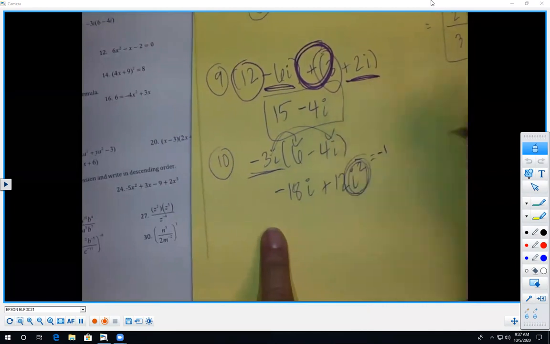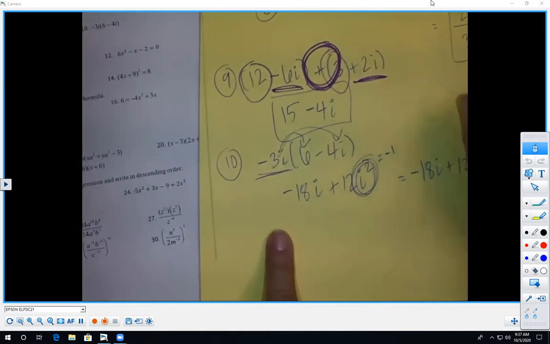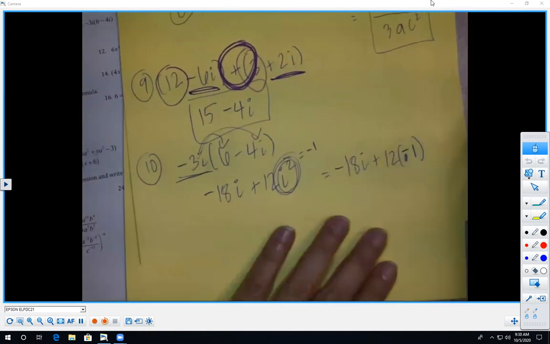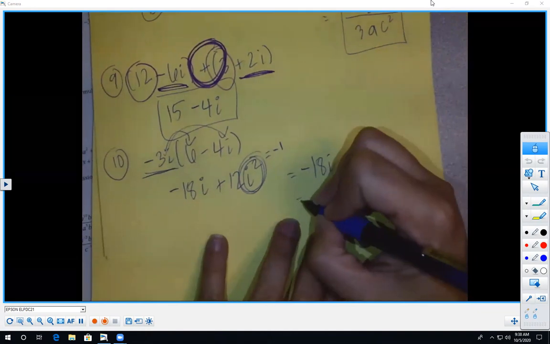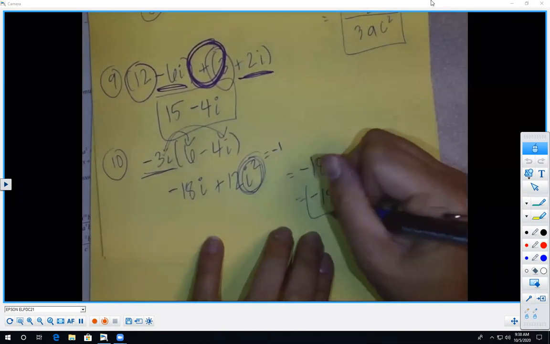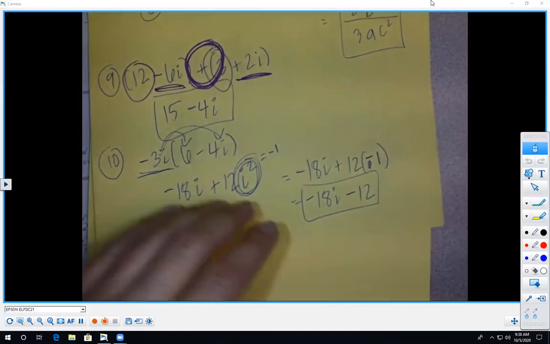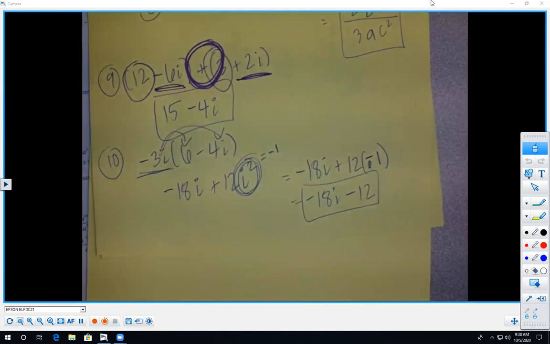So I get negative 18i plus 12 times negative 1, which would be negative 18i minus 12, or you switch it, negative 12 minus 18i. What else?